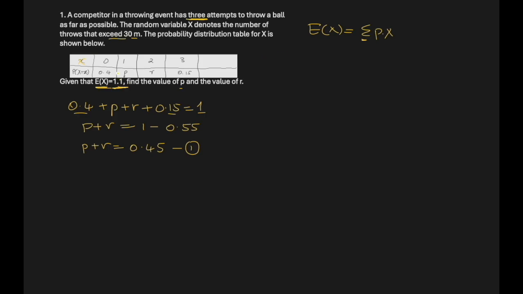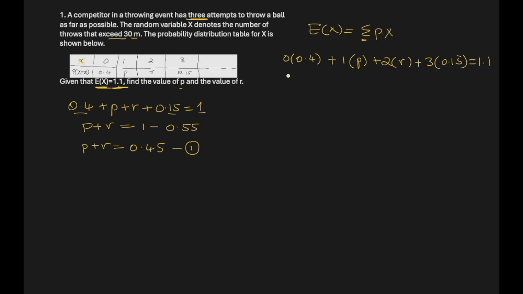So let me multiply 0 and 0.4. 0 is the number of throws that exceed 30 meters and 0.4 is the probability, plus 1 times p plus 2 times r plus 3 times 0.15, it is equal to 1.1.